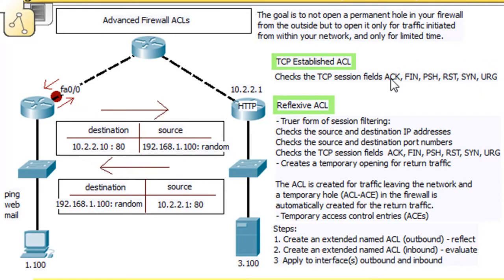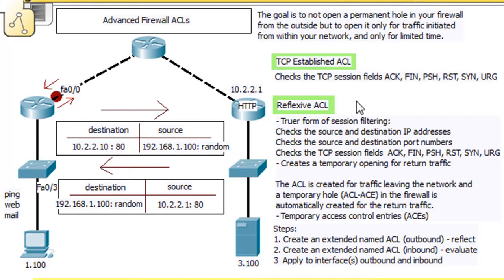These TCP bits in the segment fields signify that a TCP session has been opened and established from inside the network. But the way it does it, it just checks these fields. A hacker could set the bits on those fields if they knew what they were doing, and then when the packet came across the network, it would think it was initiated from the inside, when maybe it wasn't. So a better way to do it is to use a reflexive ACL.